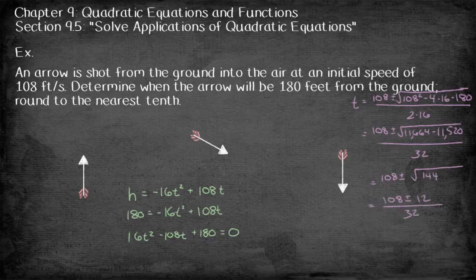So we get that t is equal to 108 plus or minus 12 all over 32.